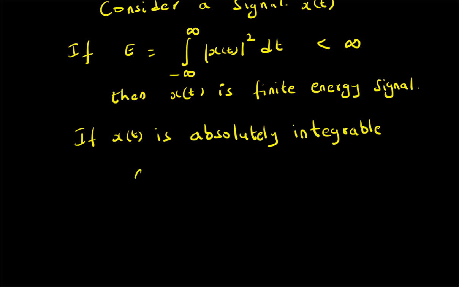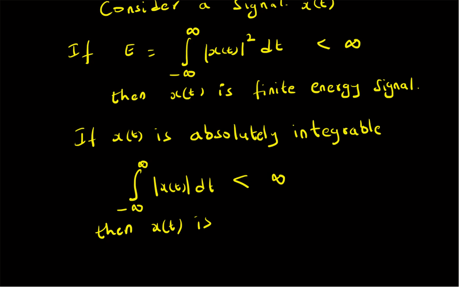It basically means that the integral from minus infinity to plus infinity of the absolute value of x of t dt is less than infinity. So if the signal x of t is absolutely integrable, that is, absolute value and then integration, then x of t is most likely a finite energy signal.